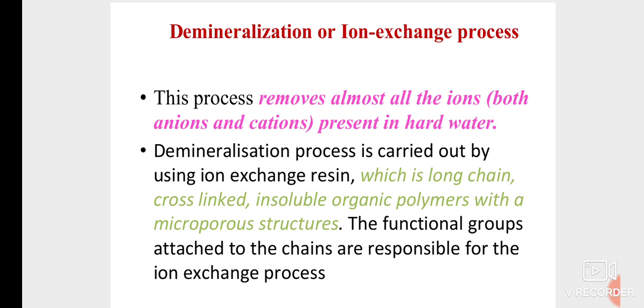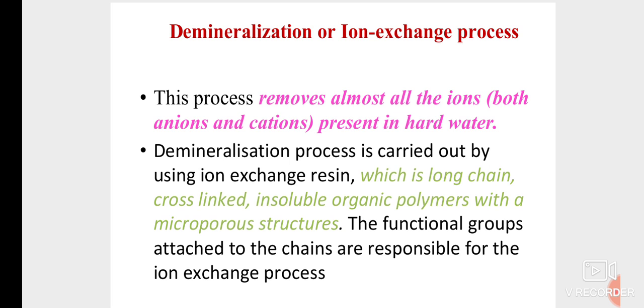Demineralization or ion exchange process. What is the demineralization or ion exchange process? It is the process of removing almost all the ions. Two types of ions are possible: one is anions, another is cations. Removing these two ions from the water is called demineralization or ion exchange process.